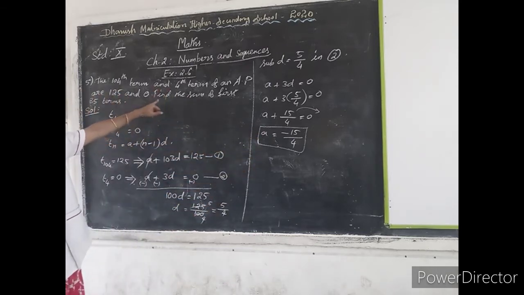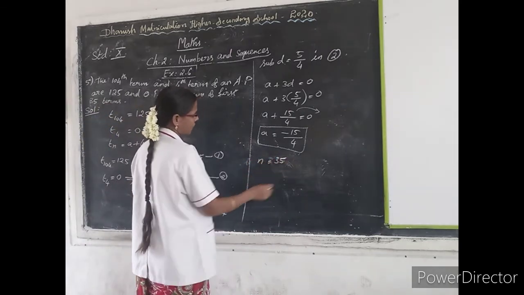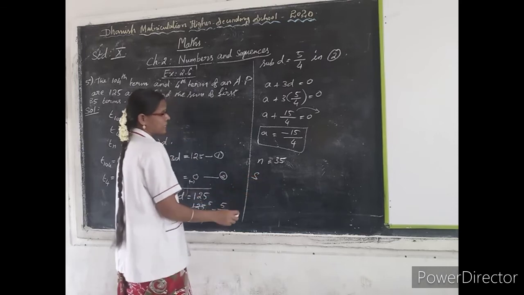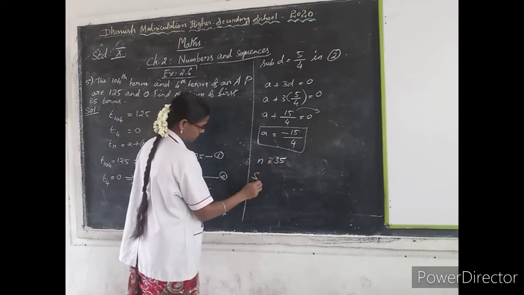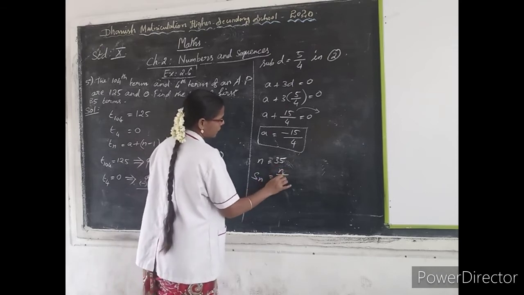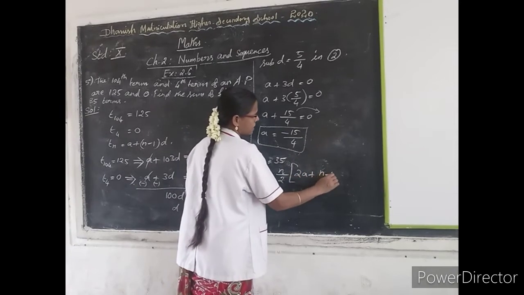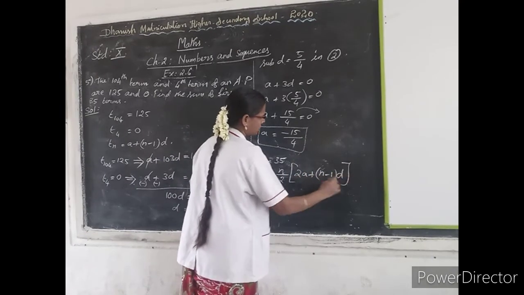What we have to find? Find the sum of first 35 terms. That 35 is our n. n is equal to 35. So find the sum of first 35 terms means use the Sn formula. Sn is equal to n by 2 into 2a plus n minus 1 into d.